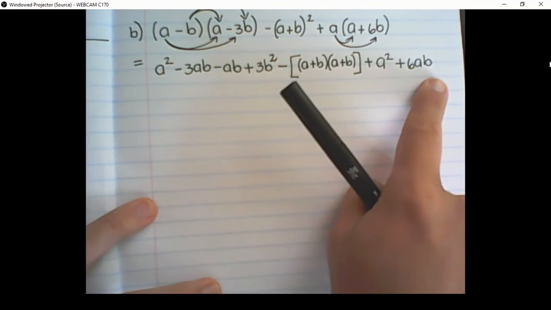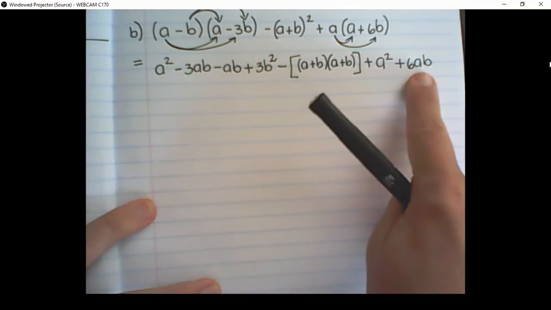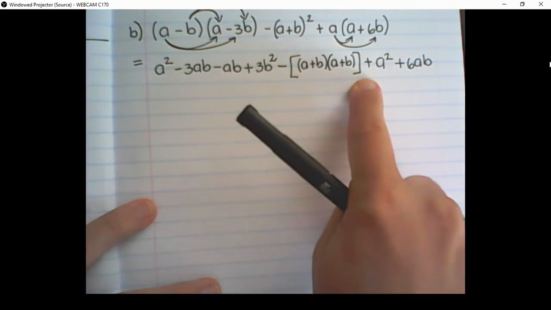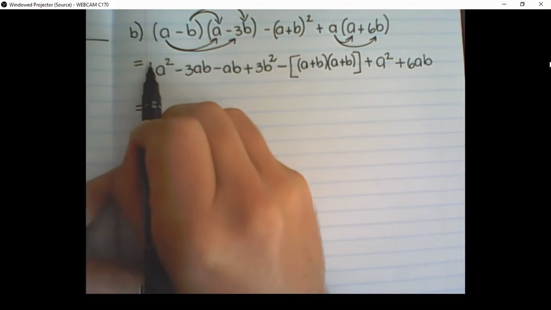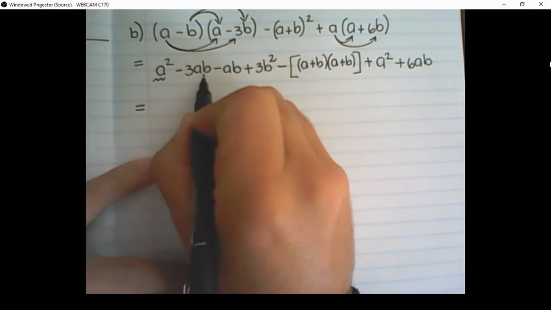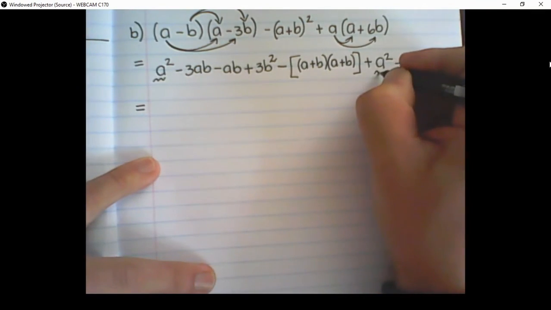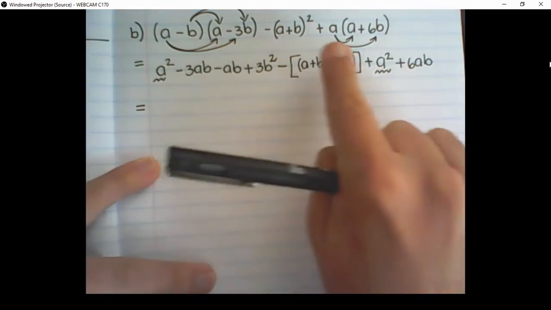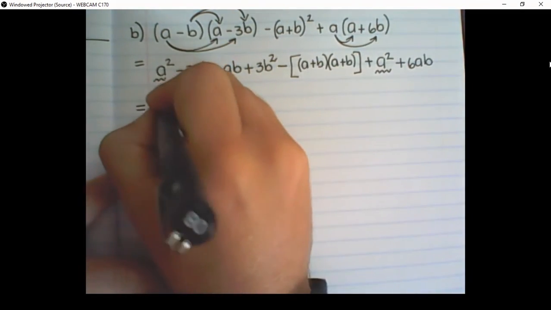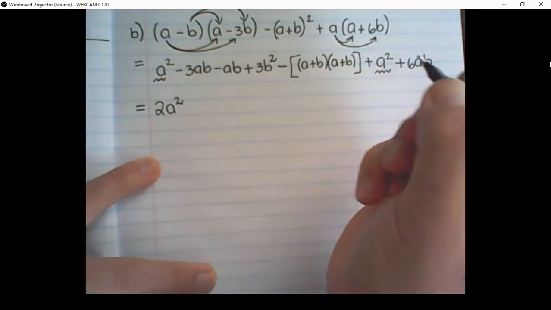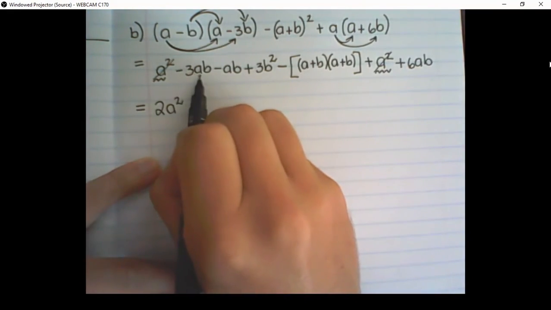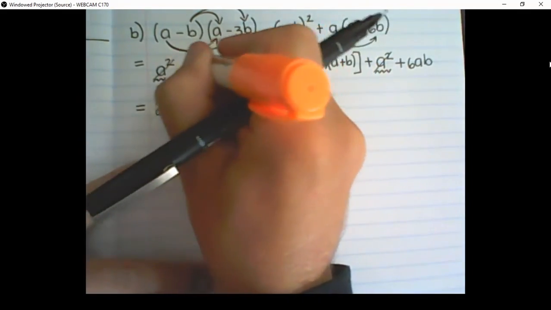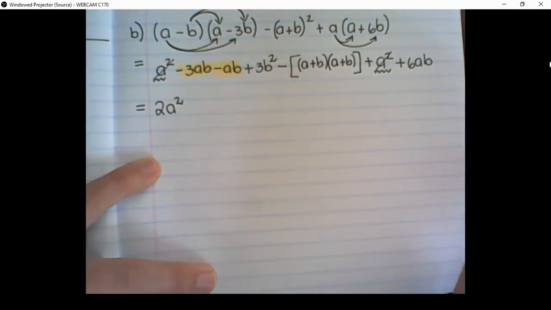To simplify our sum, we can add up like terms before we multiply out this bracket. So a square. I go through all the terms and see there is another a square. So a square plus a square is 2a square. Now I'm done with the a squares. Then ab. There is negative 3ab minus another ab plus 6ab.